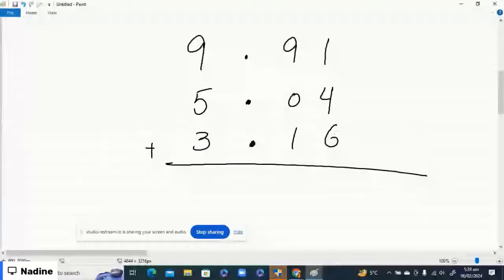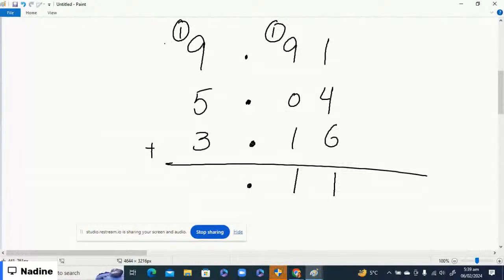1 plus 4 plus 6. What is the answer? That is 11. You're putting 1 here. 1 goes as a carry. Now 1 plus 9 plus 0 plus 1 is again 11. Putting 1. Here is the point. 1 goes up as a carry again. 9 plus 1 plus 5 plus 3.